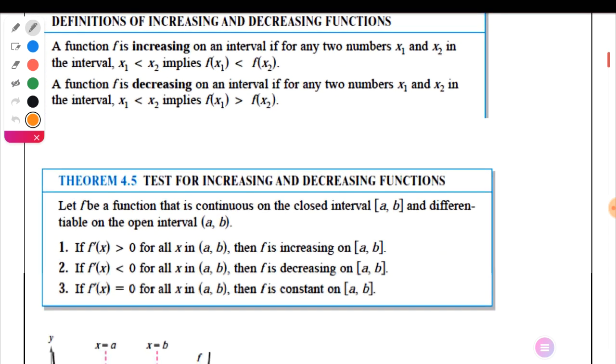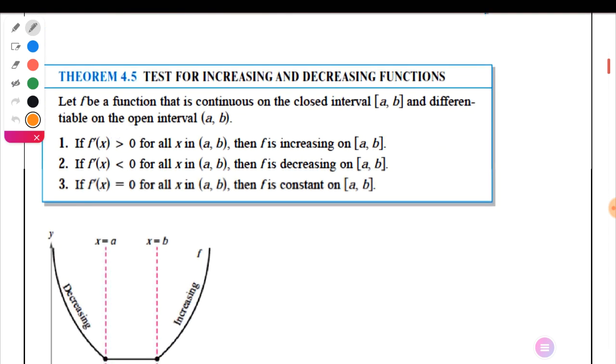Now, I'd like to illustrate the meaning of Theorem 4.5, the test for increasing and decreasing functions. Let f be a function that is continuous on a closed interval and differentiable on the open interval (a, b).